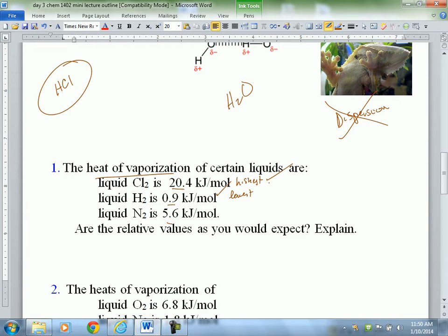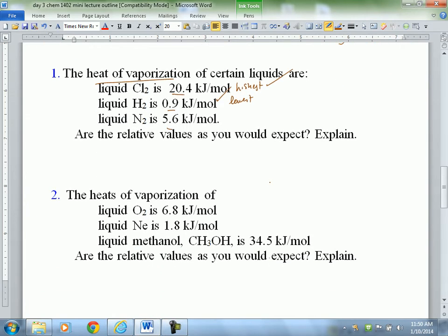So take a look at this next one and see if you can figure out why this one makes sense. Same thing, enthalpy of vaporization, going from a liquid to a gas. For O2, it's 6.8 kilojoules per mole. Neon, it's 1.8, while methanol is 34.5.